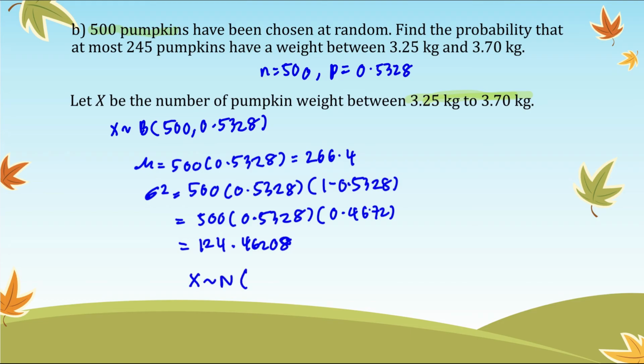Our normal distribution will be equals to 266.4 and 124.46208. So we will use this distribution to find the probability.